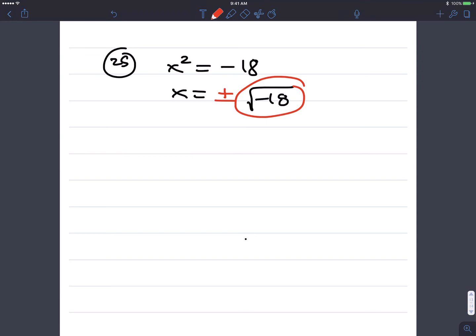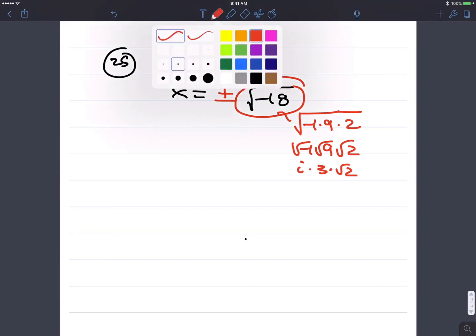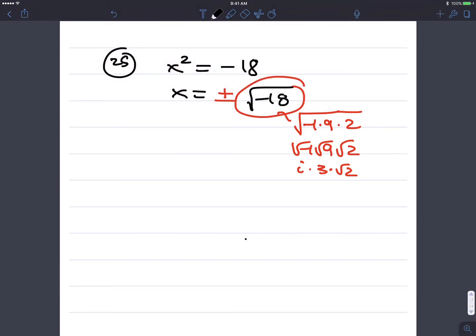The square root of negative 18, we're going to write this as the square root of negative 1 times 9 times 2. Square root of negative 1, square root of 9, square root of 2: i times 3 times the square root of 2. We simplify the radical of the square root of negative 18.